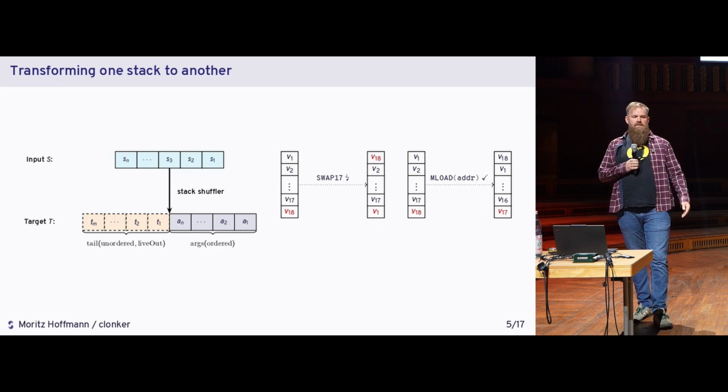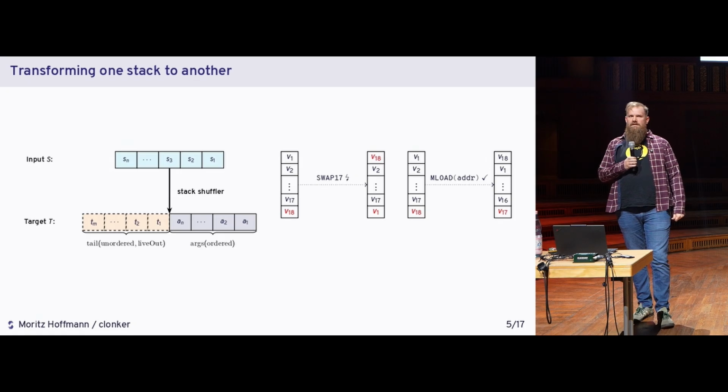If we cannot remove any of the stack slots in between, because that would cause us a loss of information that we couldn't recover from symbolically, then we are in a so-called stack too deep situation where we would have to essentially execute a SWAP17, which means I will exchange the V1 with the V18 directly. And that, as of now, doesn't exist in the EVM opcodes. So we can't do it, essentially.